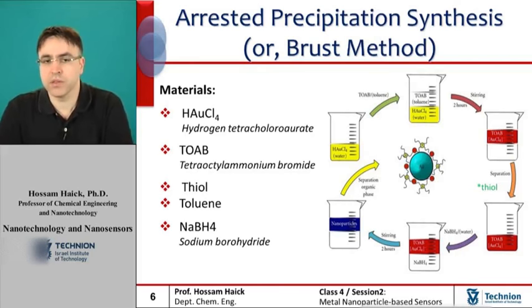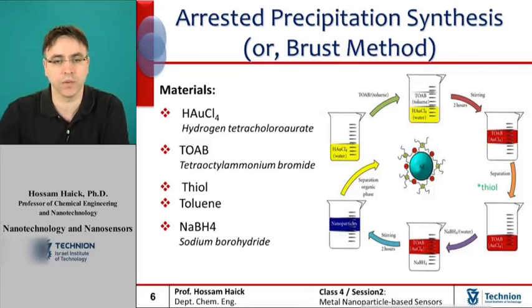The Brust method can be used to produce gold nanoparticles in organic liquids that are normally not miscible in water, such as toluene. It involves the reaction of chloroauric acid solution, or HAuCl4 solution, with tetraoctylammonium bromide, usually abbreviated to TOAB, in toluene.